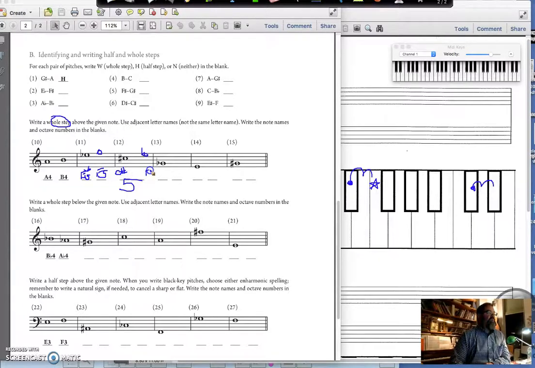So, although E flat works, usually in diatonic scales we see one kind of accidental. So, let's put that in parenthesis, and let's say this is probably D sharp for this to be a whole step and usually spelled the correct way. And you make that D sharp, these are all octave 5s.